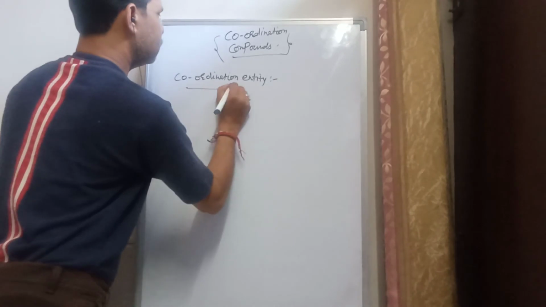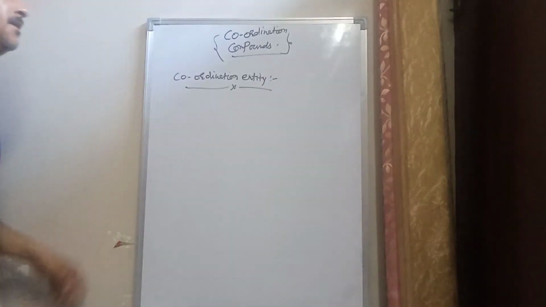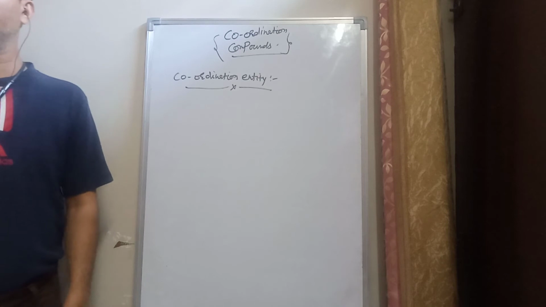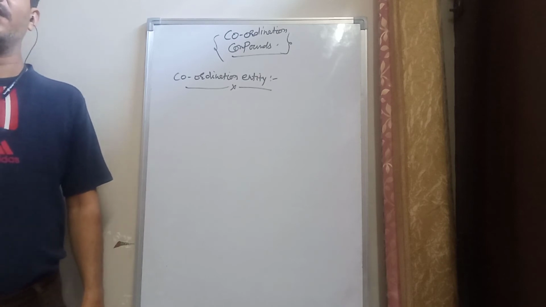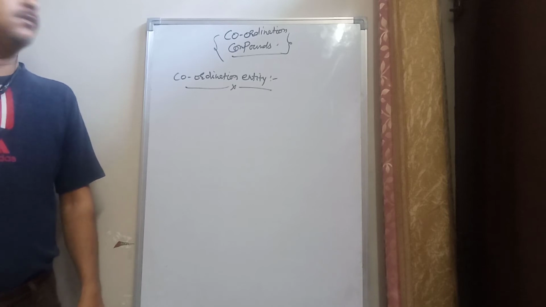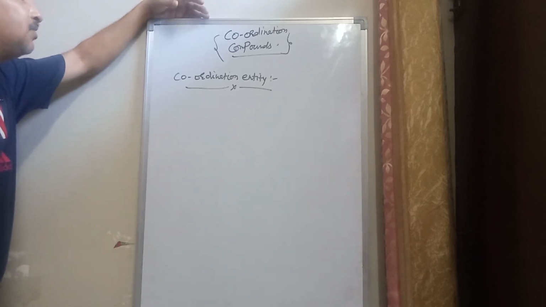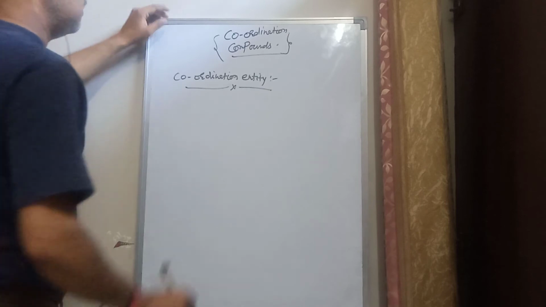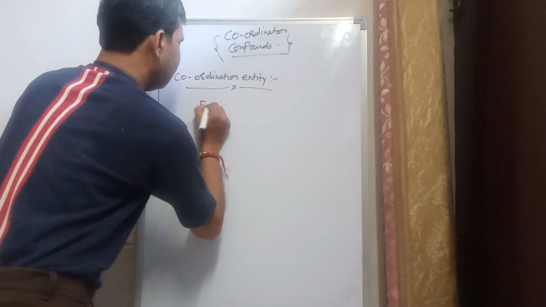Coordination entity is the coordination sphere in which the central atom or cation is directly bonded to the ligand species, that is ligand molecules, ligand ions, ligand atoms, etc. For example, we take the example of [Fe(CN)6]4-.